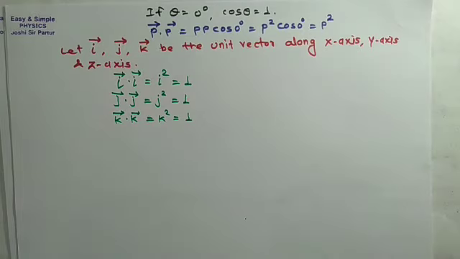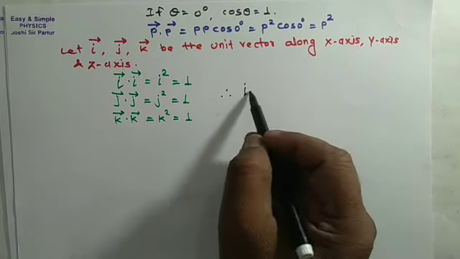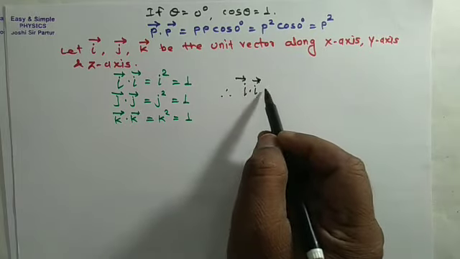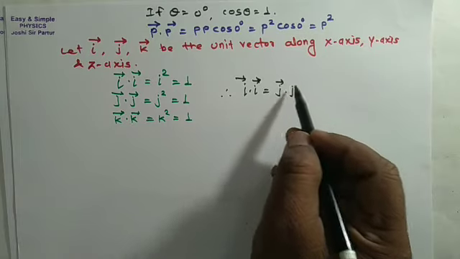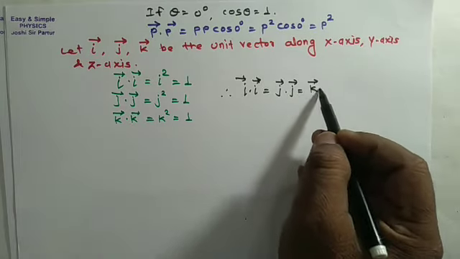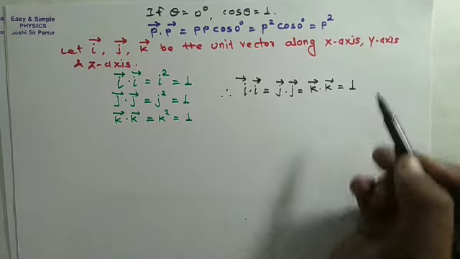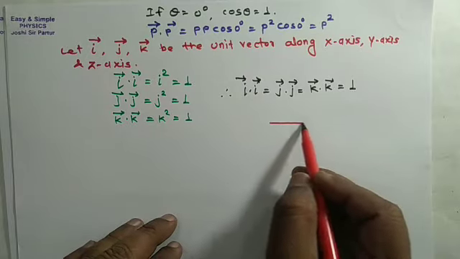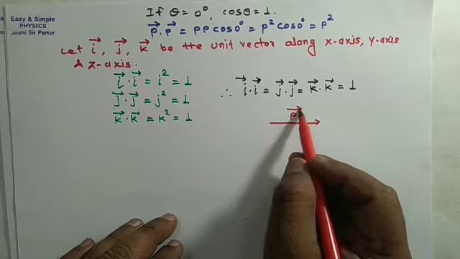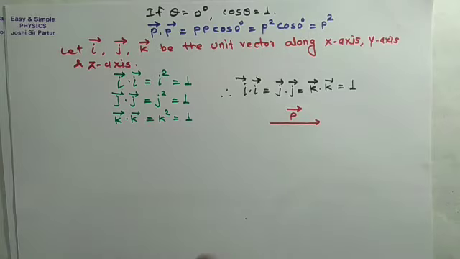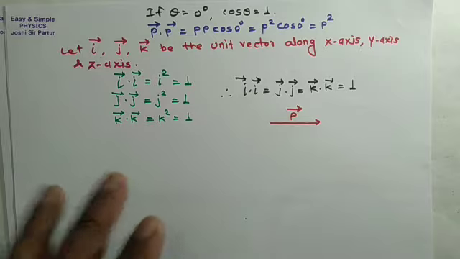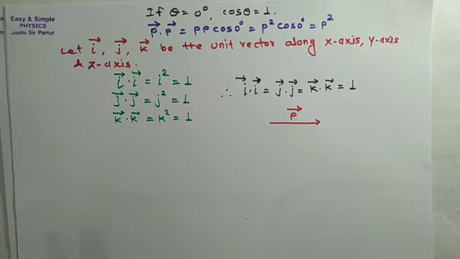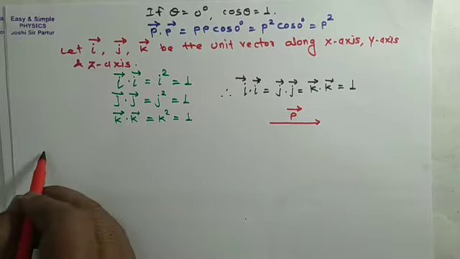Therefore vector i dot vector i is equal to vector j dot vector j is equal to vector k dot vector k, which is 1. So for a vector with itself, the scalar product will be the square of the magnitude of that vector. That is the third characteristic.